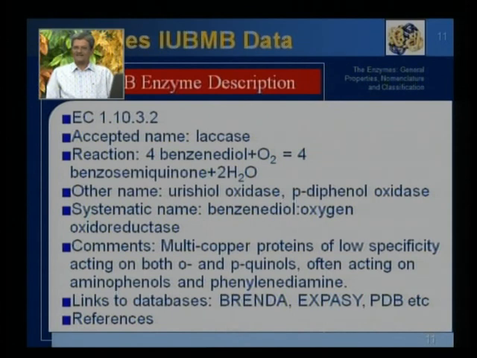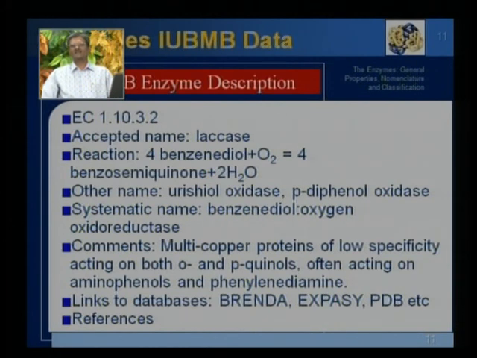This is the naming system which has been suggested and approved by the Commission. About this enzyme, additional comments are also listed at the end of the systemic name, which says that this is a multi-copper enzyme with a low specificity.